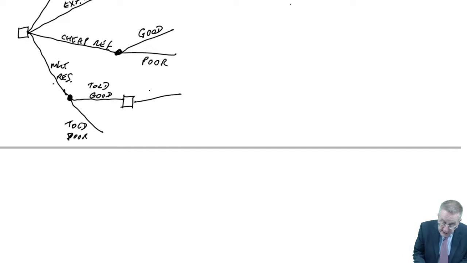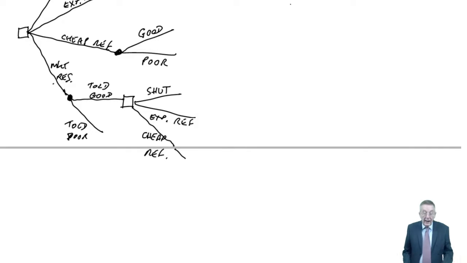We could immediately decide to shut, or we could decide to do the expensive refurbishment, or we could decide to do the cheap refurbishment. And here you can see it's starting to get a bit of a big diagram. So appreciate where we are.